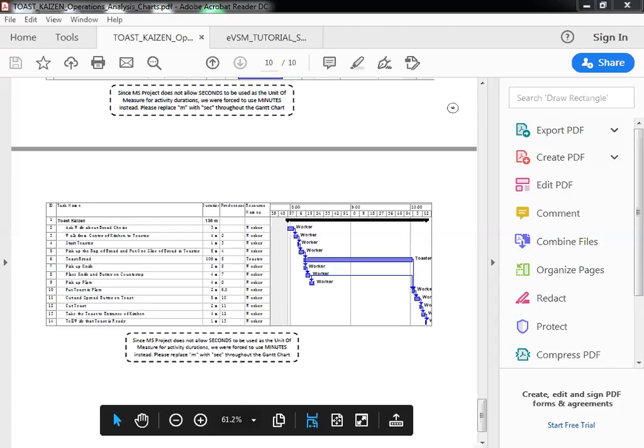And now what I'm going to do is switch to, let me minimize this. Okay, chat. Your screen is showing the future state Gantt chart.